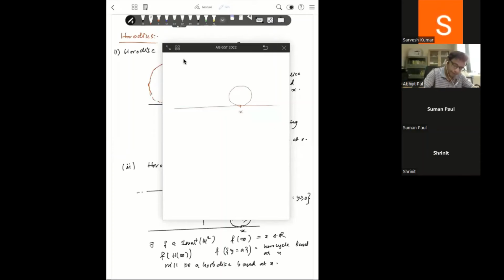Now if I take this transformation, where x belongs to R, is T an isometry?